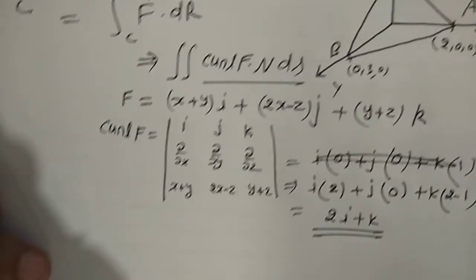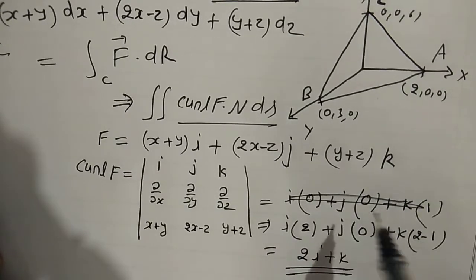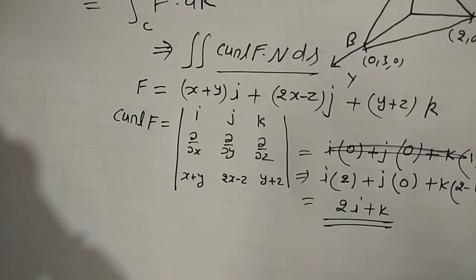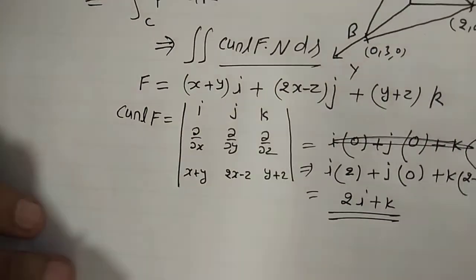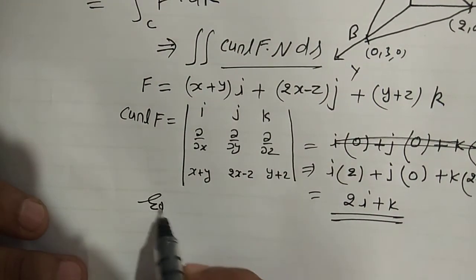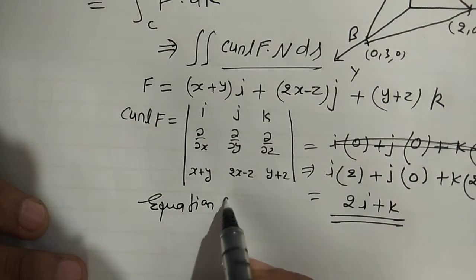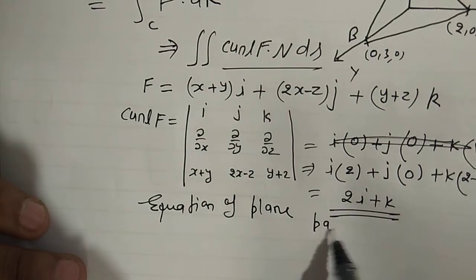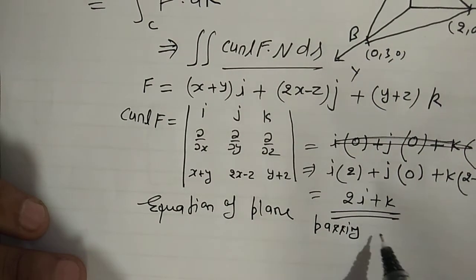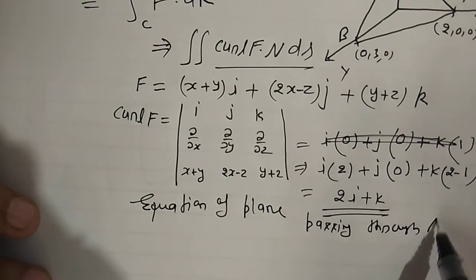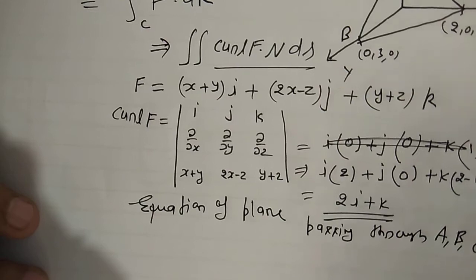Now we need the capital N, the unit normal direction of this surface. So first we find the equation of the surface, the plane passing through these three points A, B, C of the triangle.